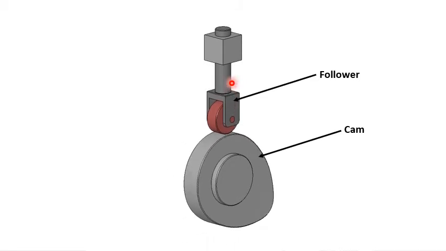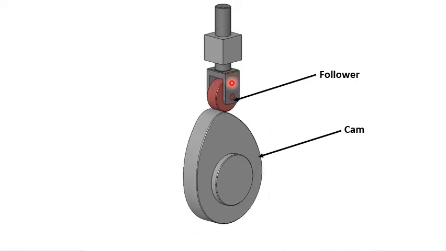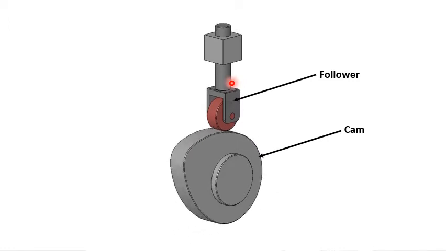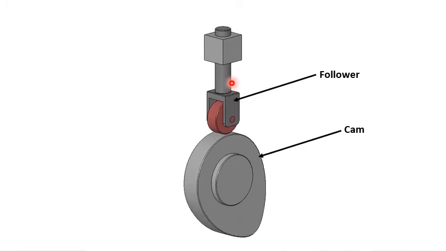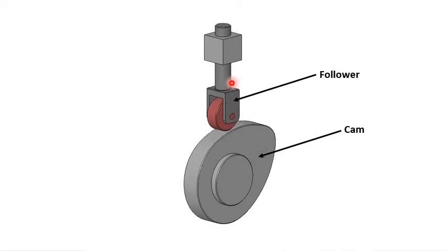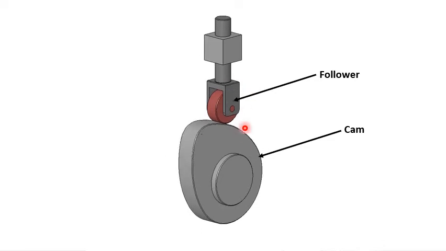The follower is the driven link which gets motion from the cam, and the third important element is the frame, which supports the cam and guides the follower. So that is the importance of frame.